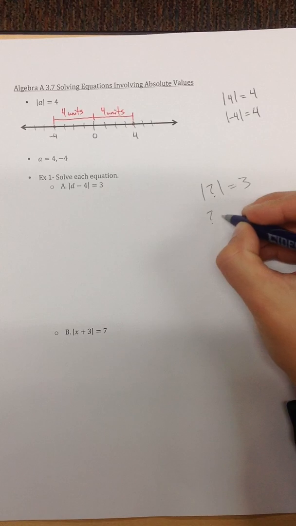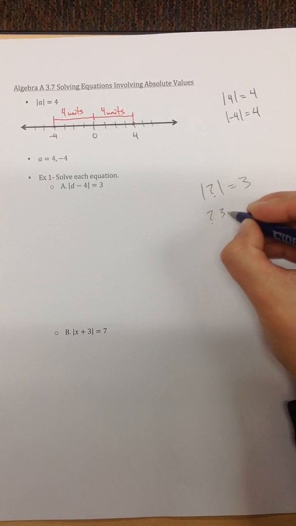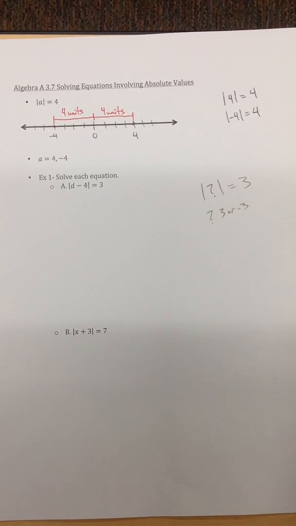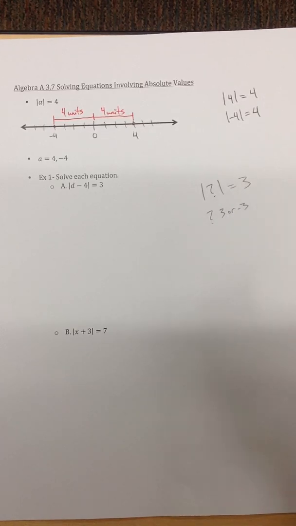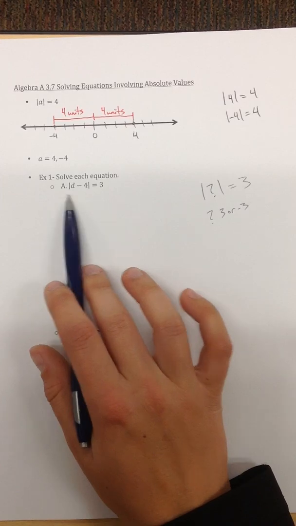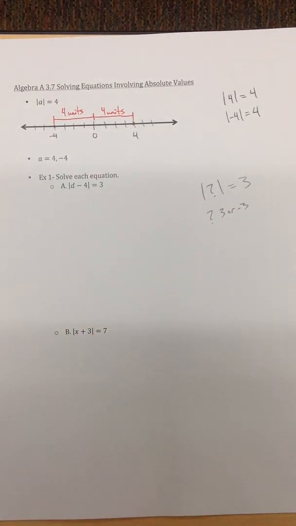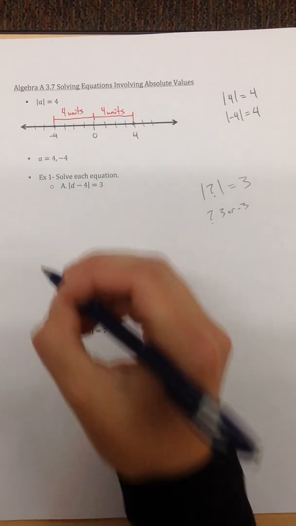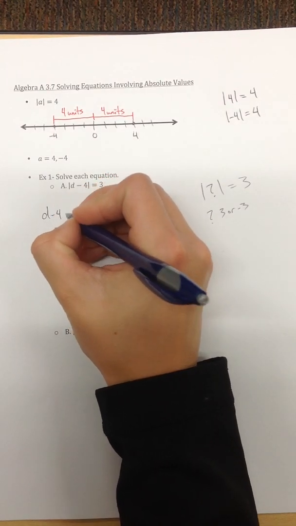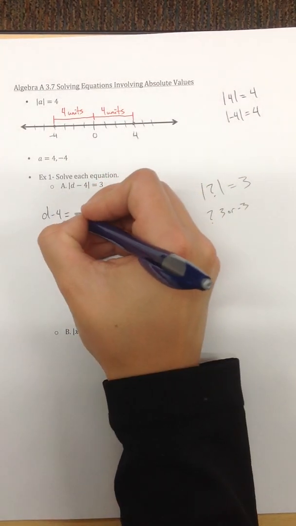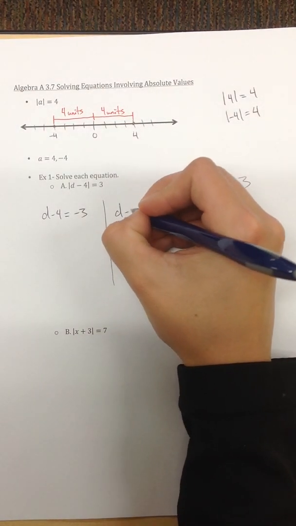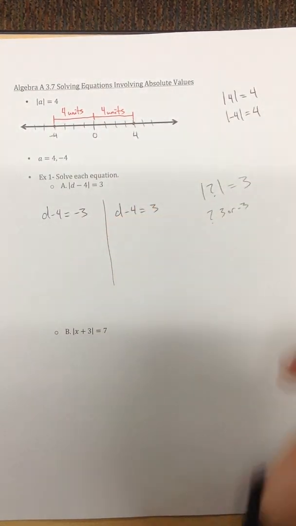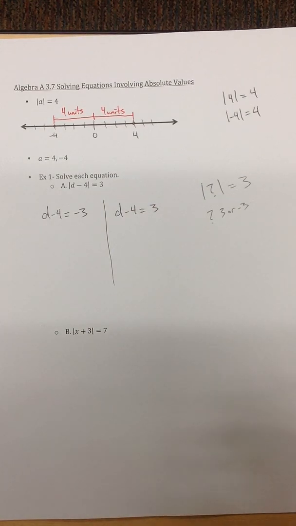Well, the question mark could be a positive 3, or it could be a negative 3, because if we put both of those values in there, they'd kick out a positive 3. Now we've got a little bit more to it because we've got d minus 4 in there. So we can set up two separate equations. We can go d minus 4 is equal to the negative 3. Then we can also do d minus 4 is equal to the positive 3, because either of those could really be inside of there and still give us our answer.